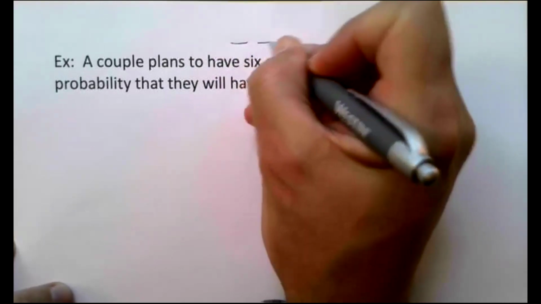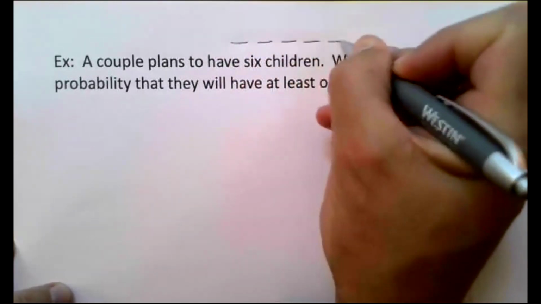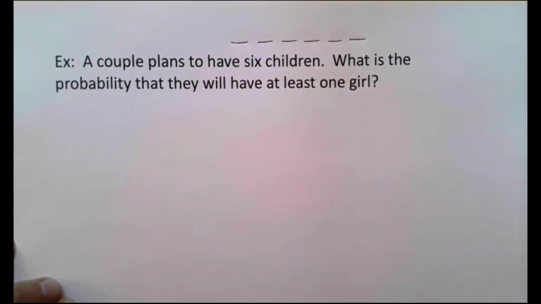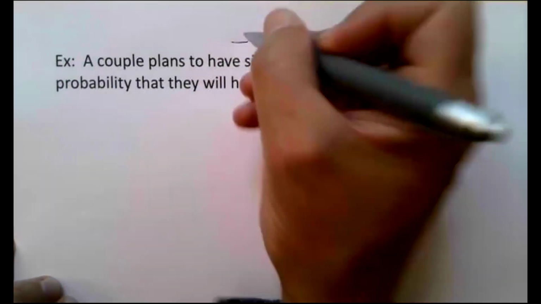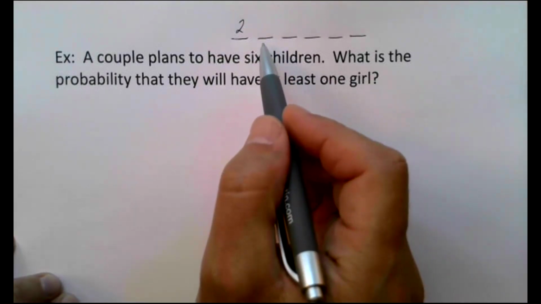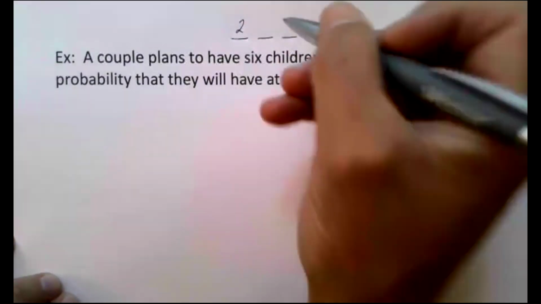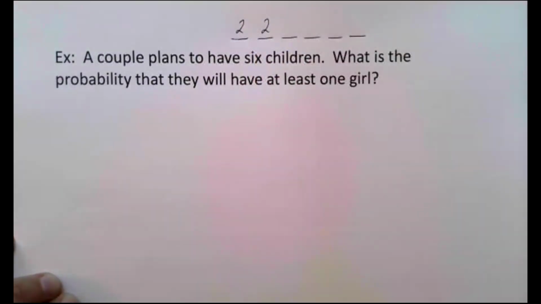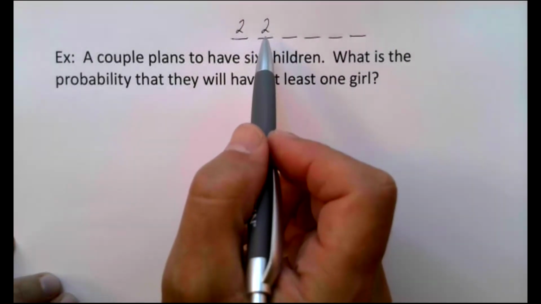If we are going to have 6 children, 1, 2, 3, 4, 5, 6, there are 2 choices or 2 possibilities as far as what the first kid might be, male or female. When we go to have our second kid, there are also 2 possibilities as far as what that second kid might be. So a 2 representing male or female.